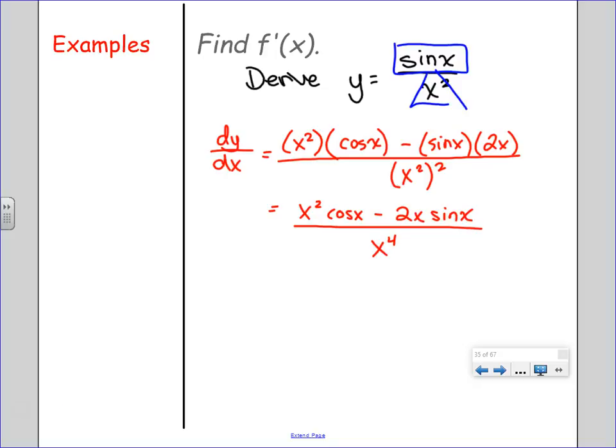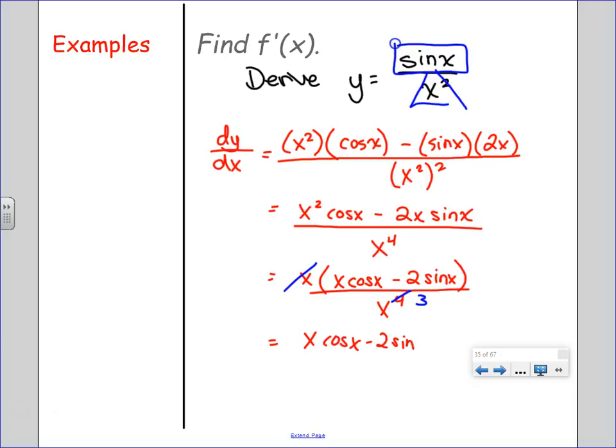I would say factor. Can anybody tell why? The x comes out. And not only does the x come out, but what do we have down below? X times x times x times x. Let's simplify one of those away. We have x cosine x minus 2 sine x all over x cubed.